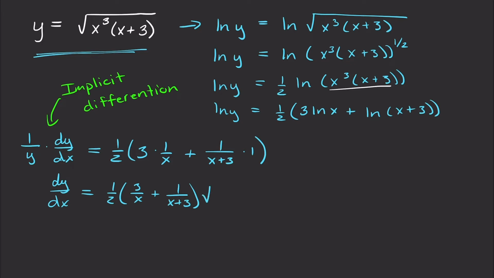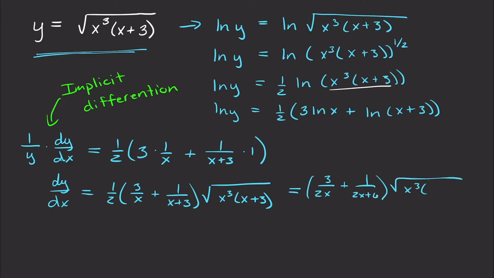So we'll multiply by the square root of x cubed times x plus 3. And if we want, we can move this 1/2 inside and get 3 over 2x plus 1 over 2x plus 6, all times the square root of x cubed times x plus 3.